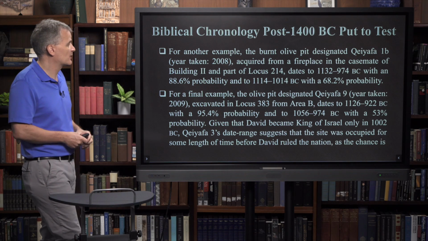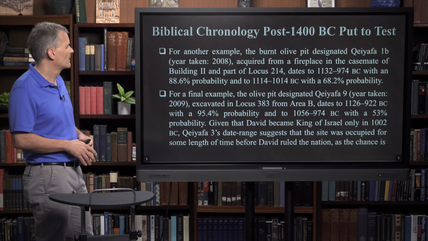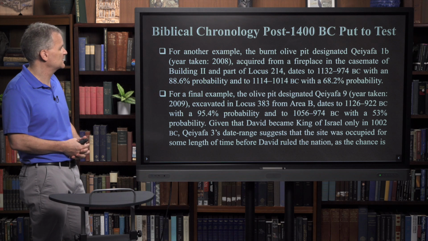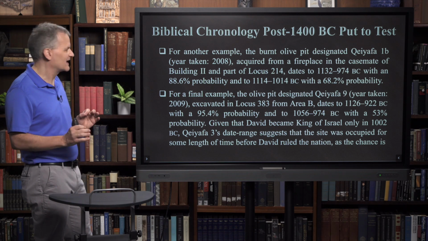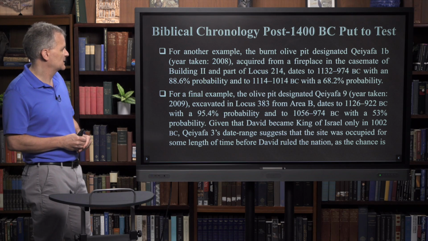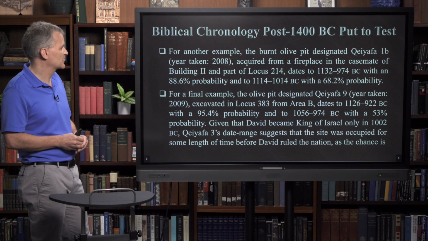For another example, the burnt olive pit designated Qeiyafa 1B, taken the same year, acquired from a fireplace in the casemate of Building 2 in part of Locus 214, dates to 1132 to 974 BC with an 88.6% probability, and to 1114 to 1014 BC with a 68.2% probability.